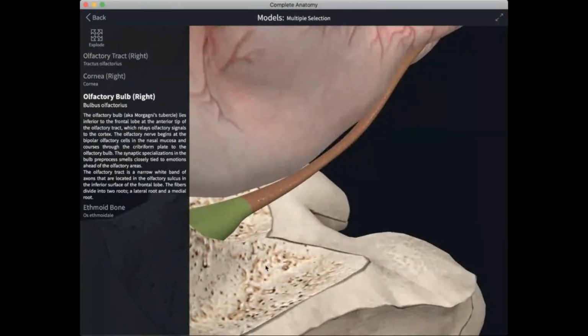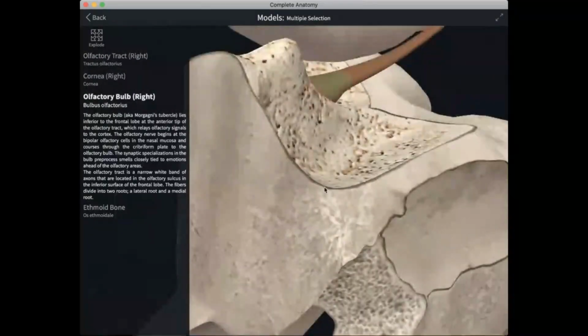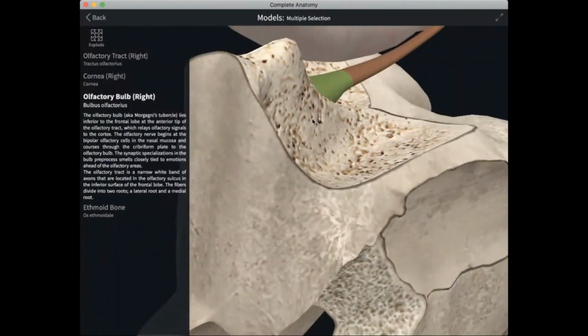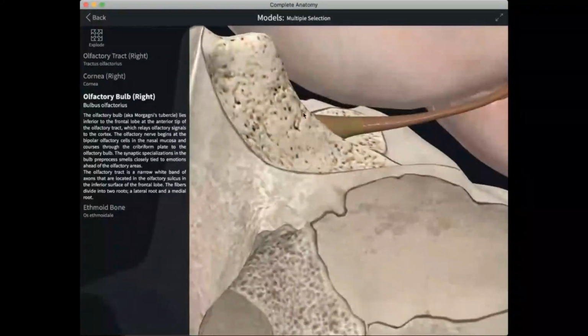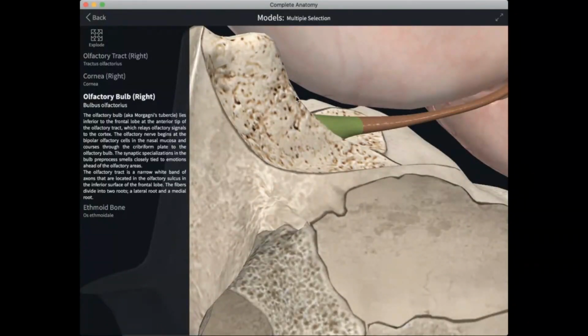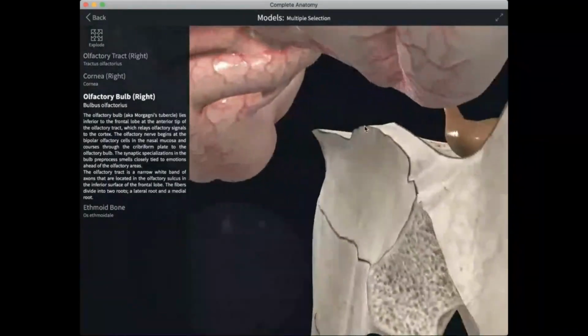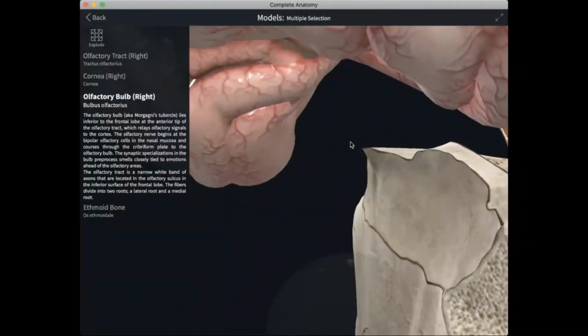This is the cribriform plate, where you can see around 15 to 16 minute holes. This projection is called the crista galli, to which the dural venous sheath is attached.